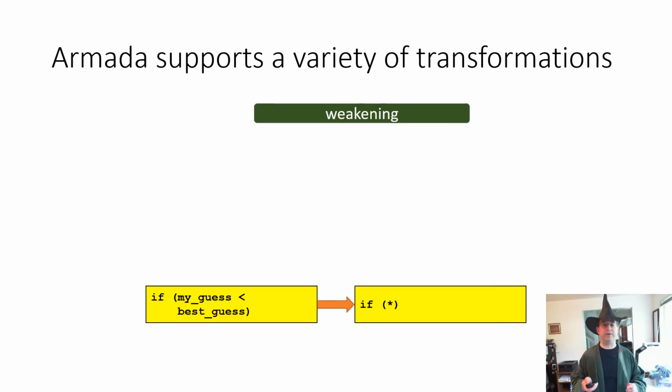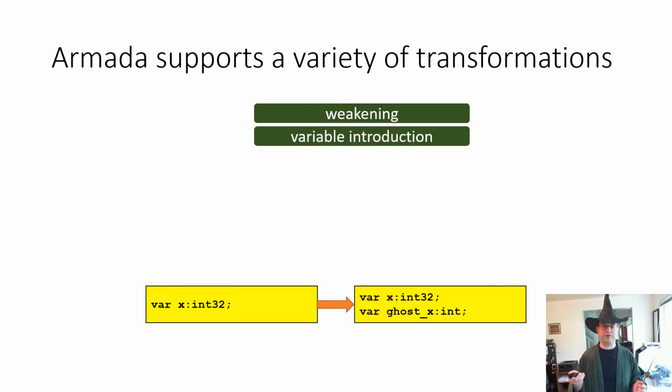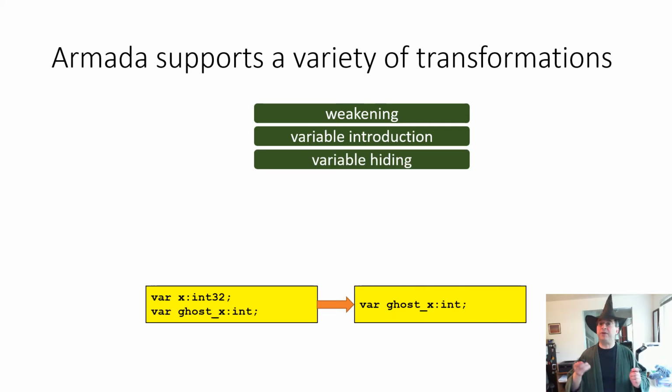And weakening is not the only example of transformations that we allow, where we replace one statement with a superset of its behaviors. We also allow variable introduction, where we introduce a new variable, a ghost variable, to shadow some concrete state, or variable hiding, where we get rid of an old concrete variable that we no longer need because we have shadowed it with a ghost variable.